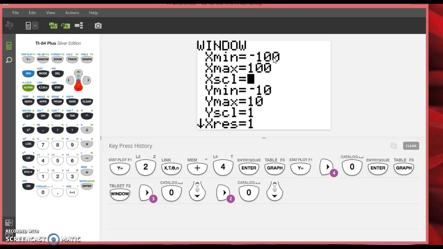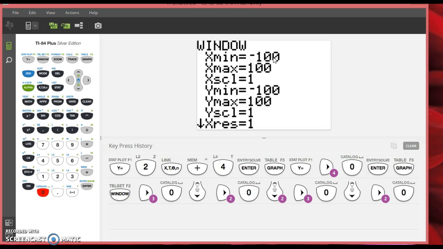The x scale by 1, who cares? If you want to make that a 10, it doesn't matter. The scale does not matter. Y min, let's go -100 to y max of 100. So now I'm in essence stretching my window.